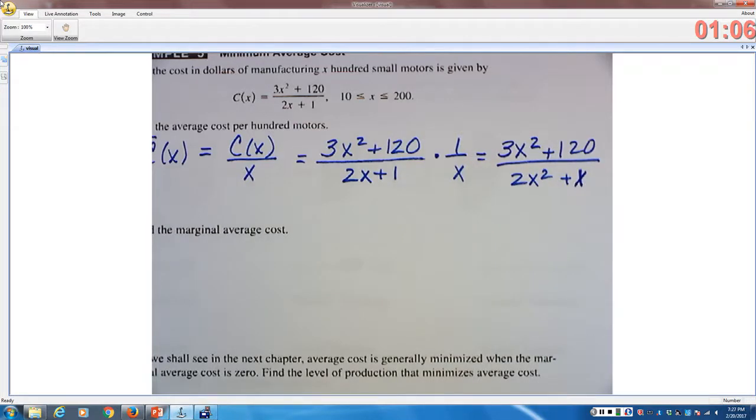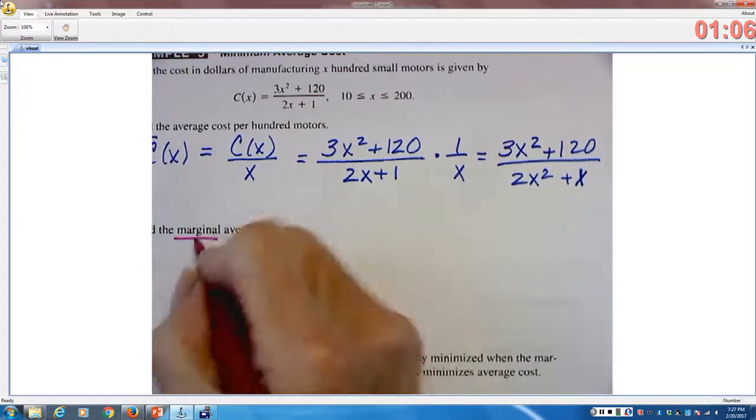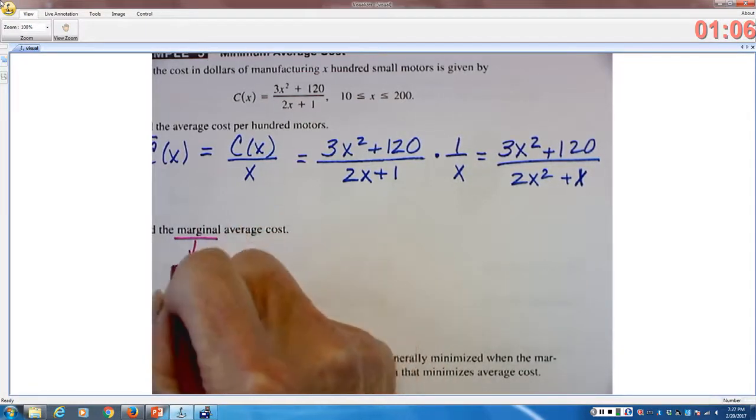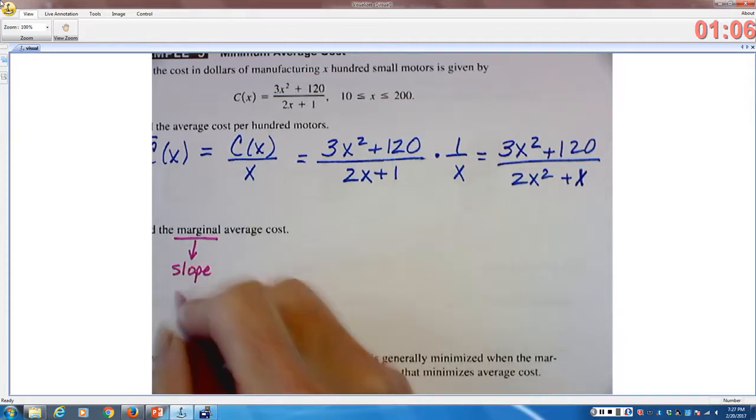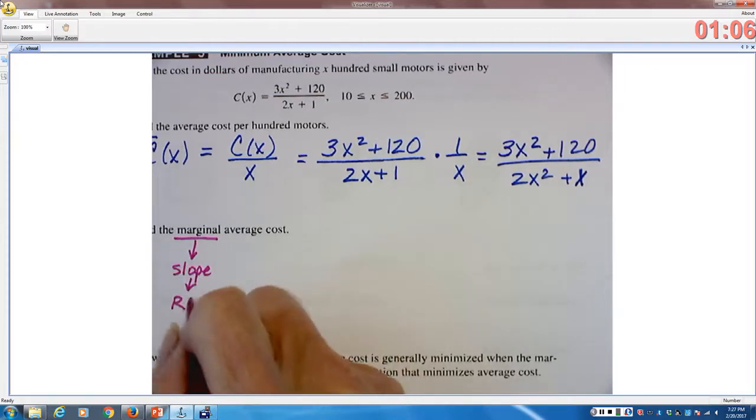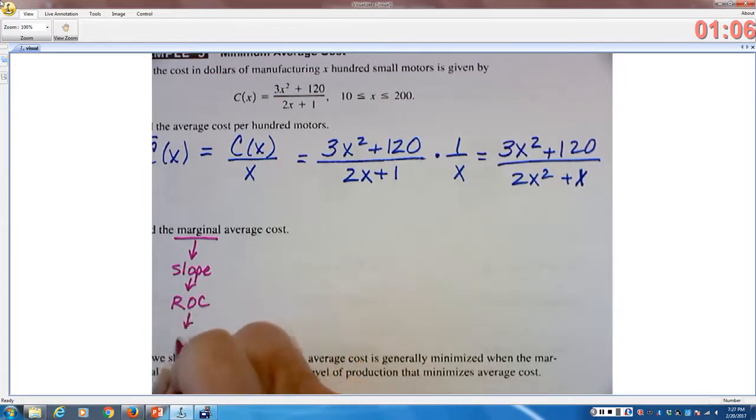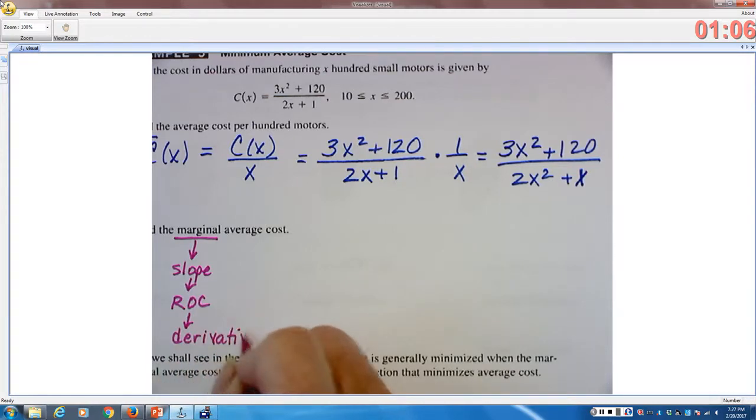And now I need to take the derivative because I'm looking for marginal average cost. Every time you hear the word marginal, your mind should go to slope, rate of change, or derivative, because that's what marginal means.